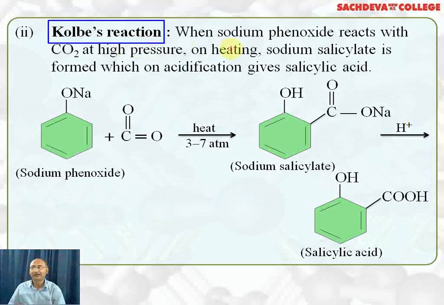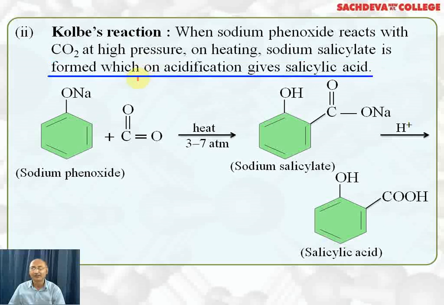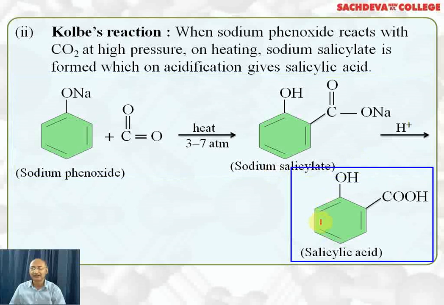Kolbe's reaction: when sodium phenoxide reacts with carbon dioxide at high pressure, on heating, sodium salicylate is formed, which on acidification gives salicylic acid. Sodium phenoxide reacts with carbon dioxide on heating at 3 to 7 atmosphere. Sodium salicylate is formed. On acidification, it gives salicylic acid.